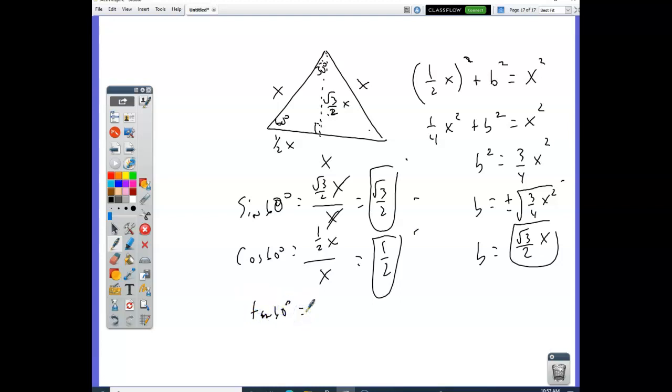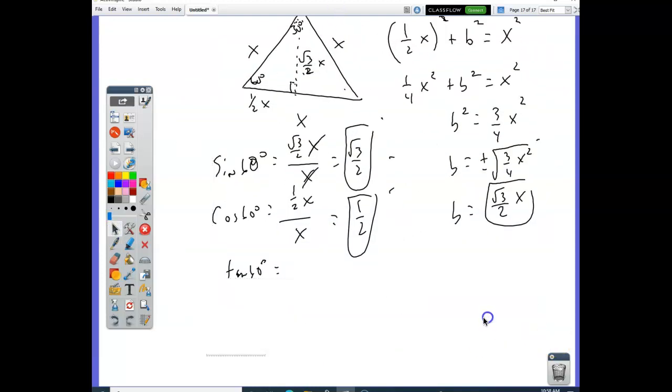I need a little more room, so I'm going to lift this thing up. Root 3 over 2x divided by half x. So that's going to be root 3 over 2x over 1/2 x. Agreed? X's cancel out. Fraction divided by a fraction.